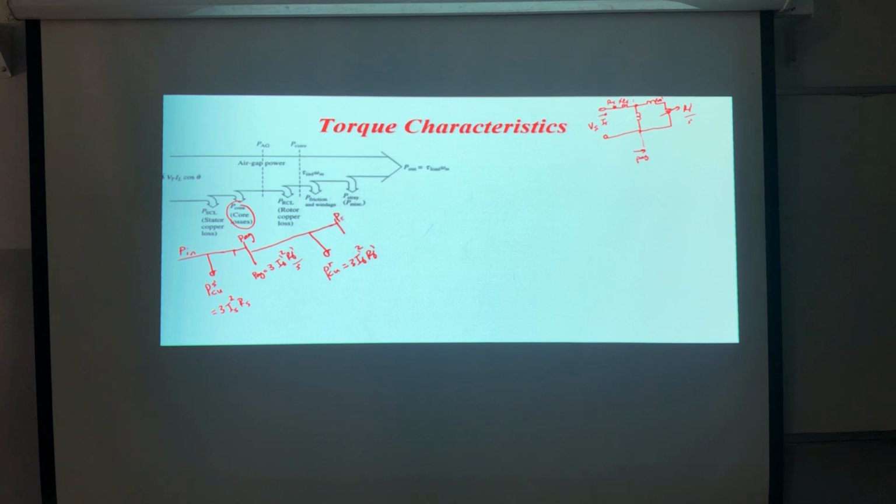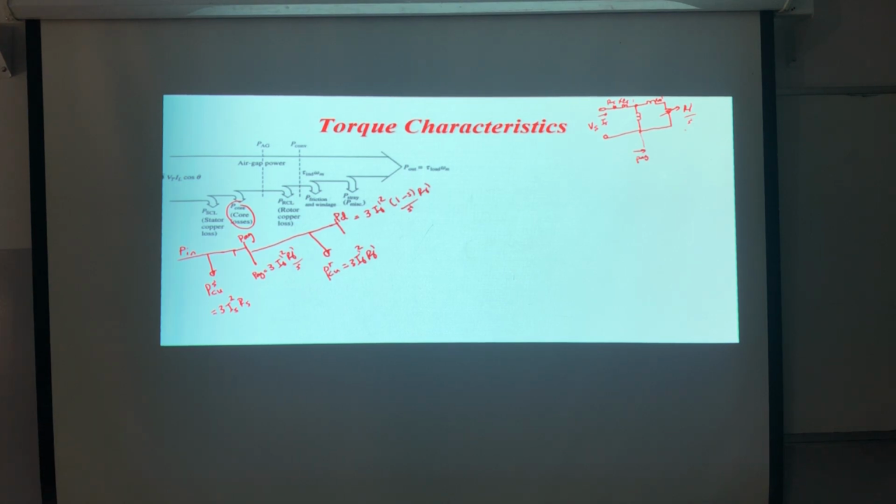Yeah? The developed power. Now the power developed will equal what? Simply it will equal the power in the air gap minus the copper losses due to the rotor. So this will equal 3 I R dash squared times (1 minus S) over S times R dash.